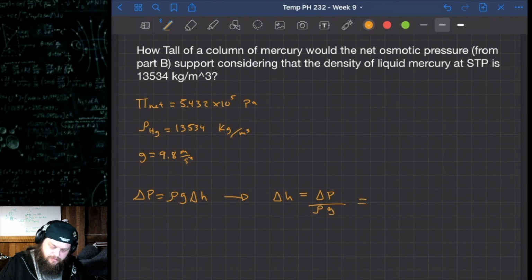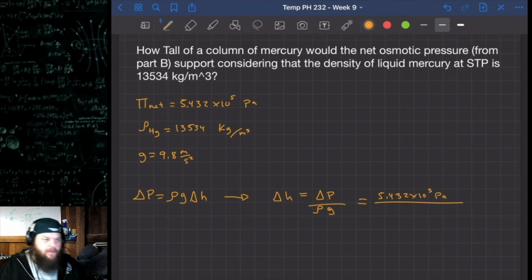The change in pressure is really the net osmotic pressure, 5.432 times 10 to the 5 pascals.